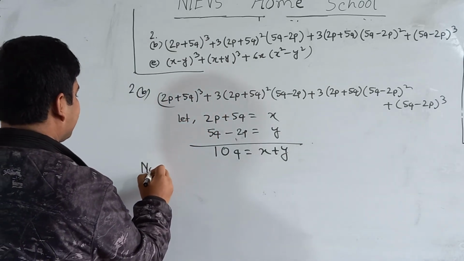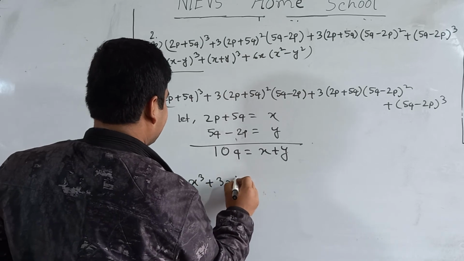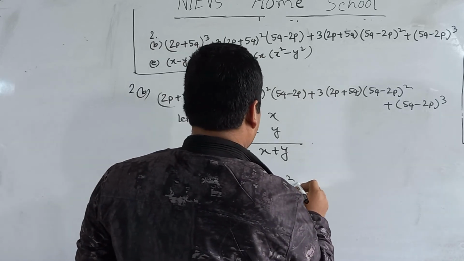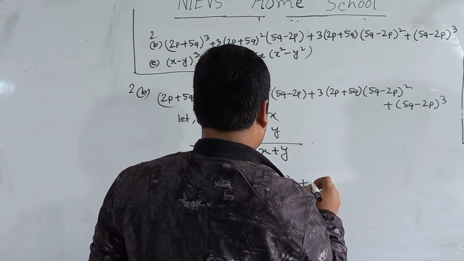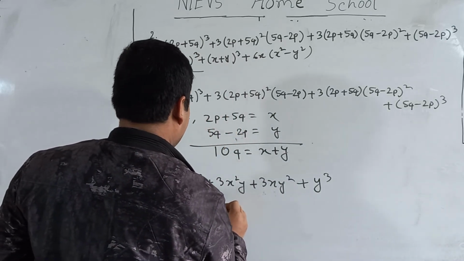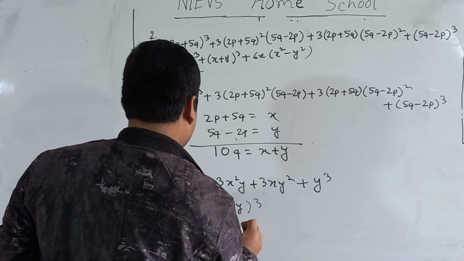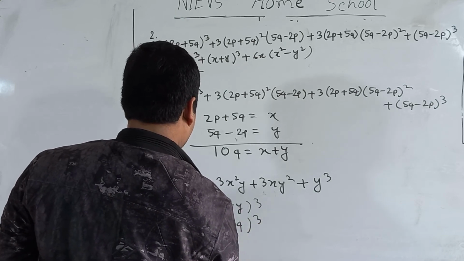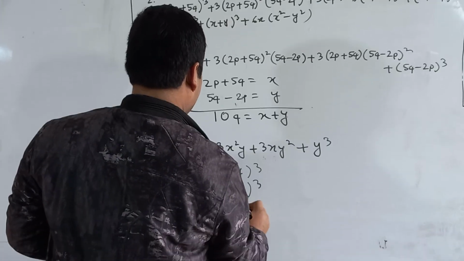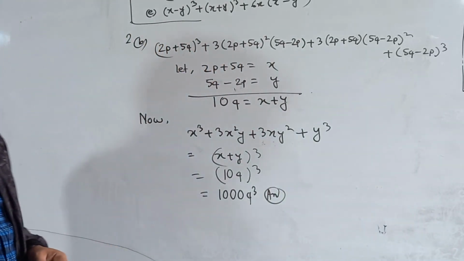Now we write x³ + 3x²y + 3xy² + y³, and from this we can write (x + y)³, and this value is (10q)³, and we get 10 tens are 100 and 100 tens are 1000q³, and this is the answer, right?